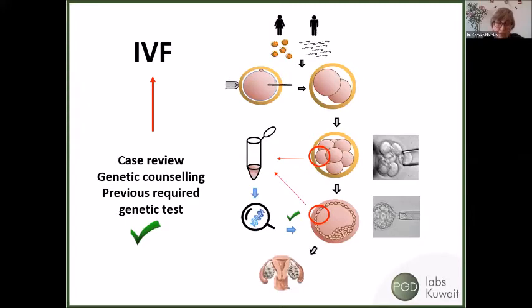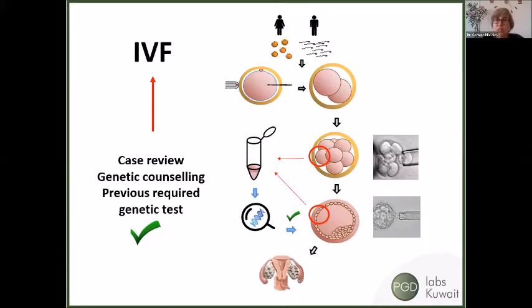To finalize or to end my presentation, I think the most important thing about genetic diseases is that we need to consider that these inherited diseases are not individual diseases. Even if they are affecting you, they are family diseases.